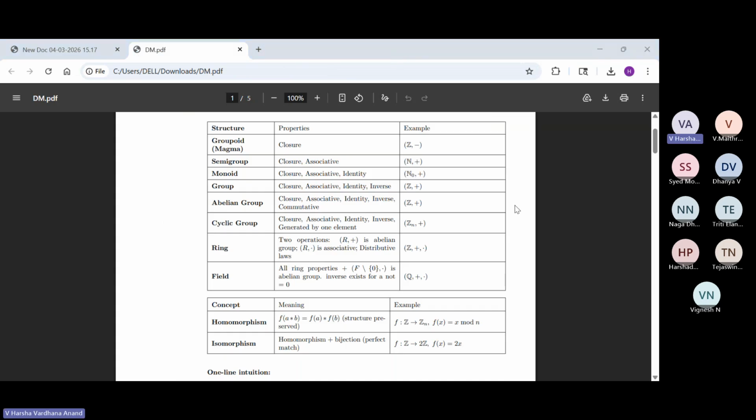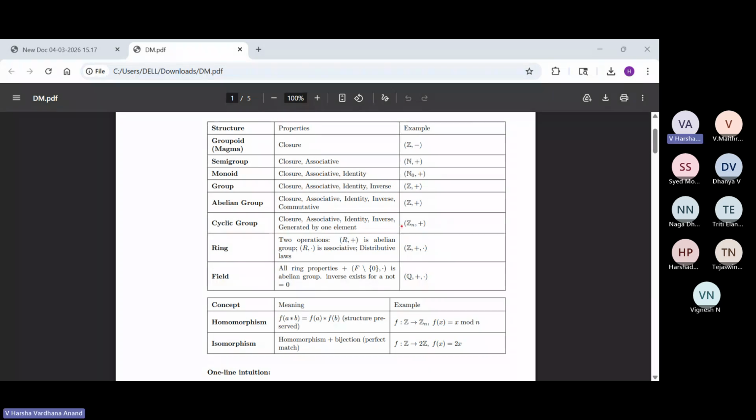For example, take a number like 2. 2 power n, like 2 power 1, 2 power 2, 2 power 3. That will give you a group that's generated by just 2. So that is one example of a cyclic group. It again follows all the principles of a group, but it's generated by one element.